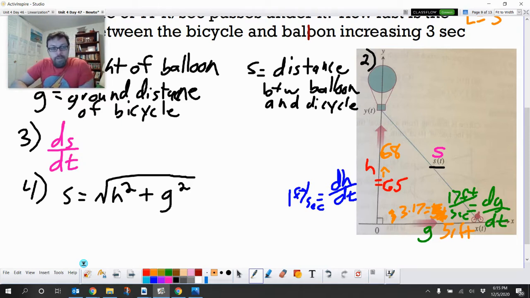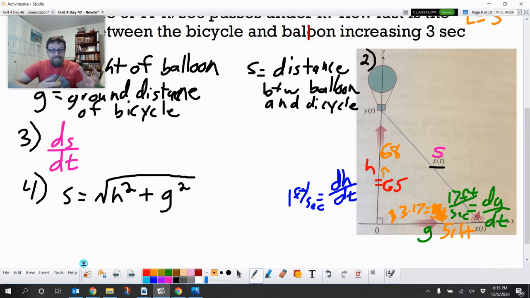Now, unfortunately, in all the other ones, I was able to convert this so that I only had a single variable, but I don't know anything about the relationship between the height and the ground distance. I know stuff about their rates, but I don't know anything about the relationship between the height of the balloon and the ground distance of the bicycle.